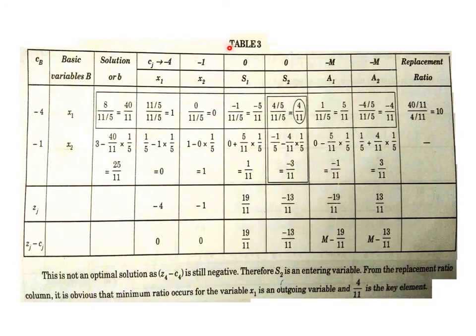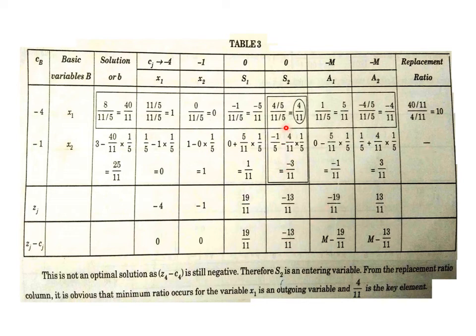Now you can see in table 3 the facts which we were discussing in the previous slides are obviously utilized to create that table 3. And after creating table 3, Zj minus Cj is negative for at least one cell. That means S2 will enter, and we have to make the next table, and the replacement ratio is calculated for these two rows. Only for one row it is calculated, and dash for the other. Why?